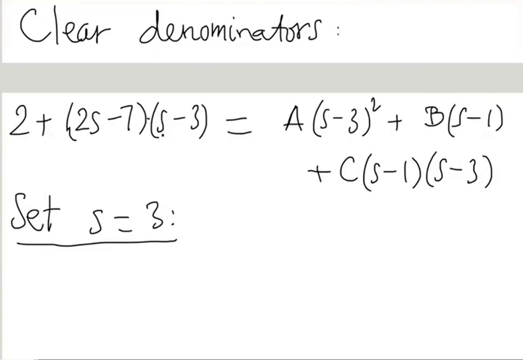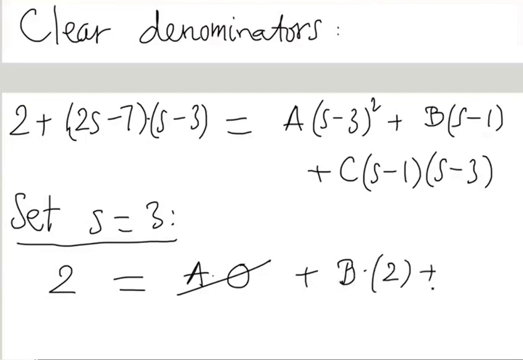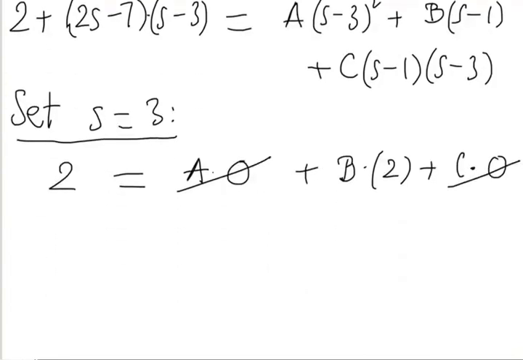When you put s equal to 3, this product becomes 0. So the left hand side is 2. Then A times 0 squared, which is 0, plus B times 2, and plus C times 0. So easily we get that B is 1.